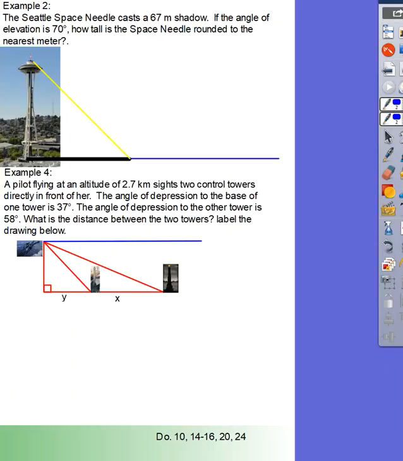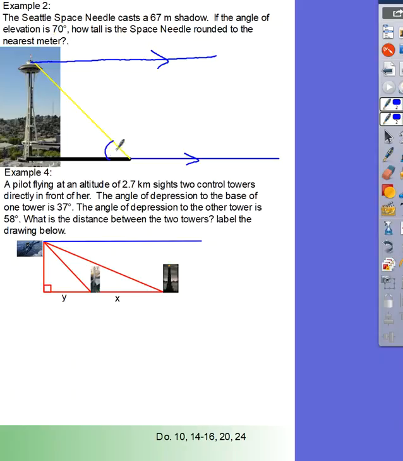All right, so we talked about the angles of elevation and angles of depression, right? If I'm looking at this Space Needle and I draw a parallel line to the horizon line, and we have an angle of elevation of 70, where does the angle of elevation take place?